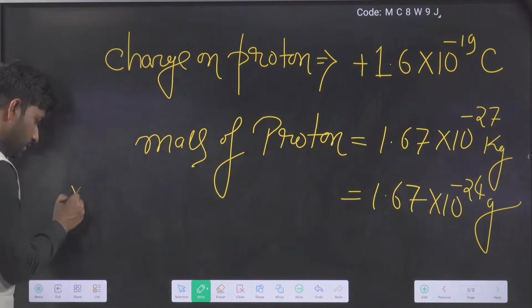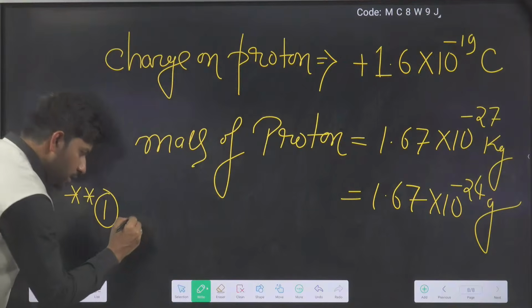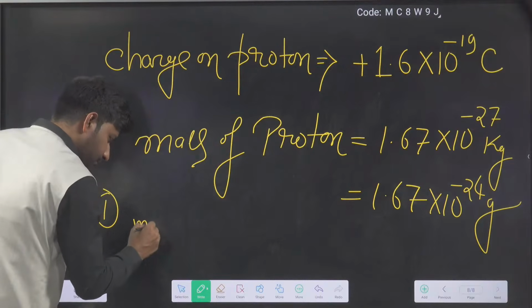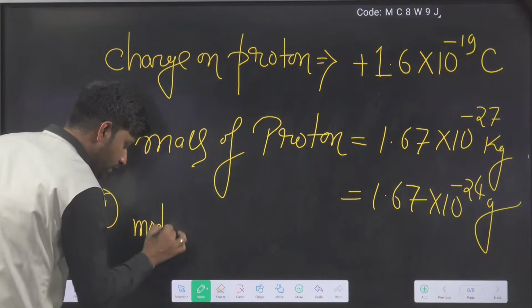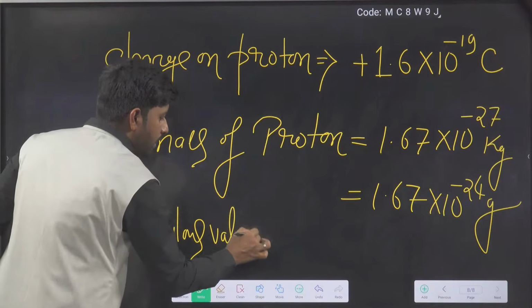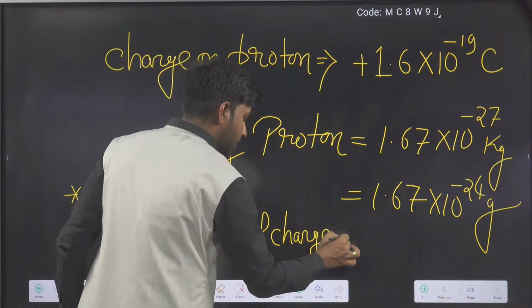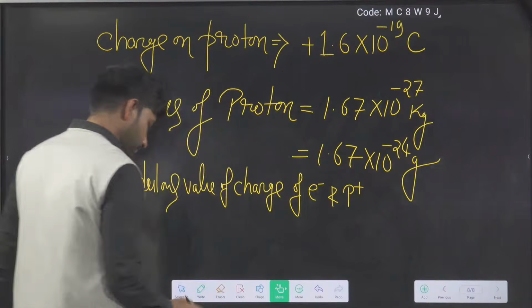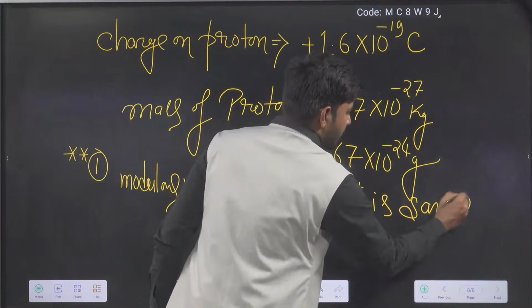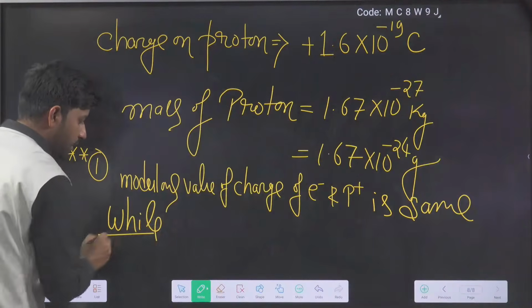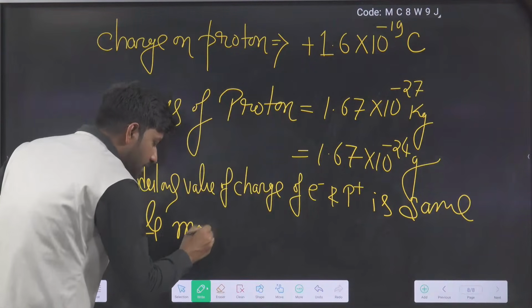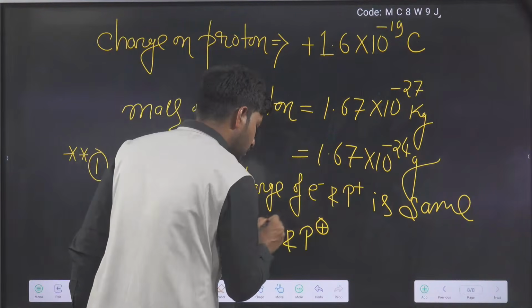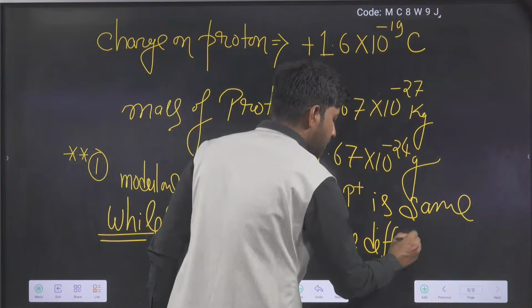So can I say, first point, the modulus value of charge of electron and proton is the same, while the mass of electron and proton are different.